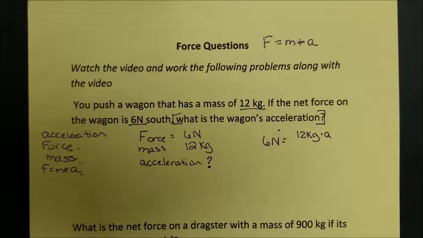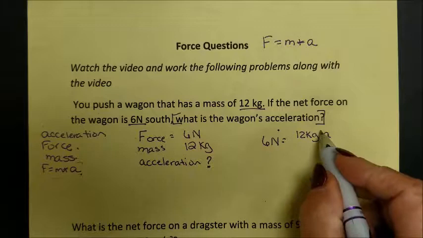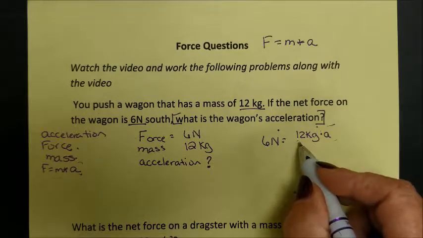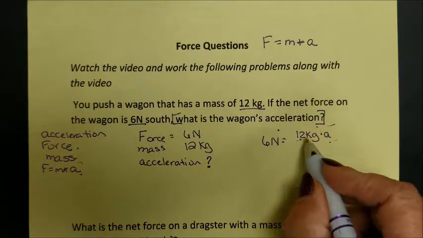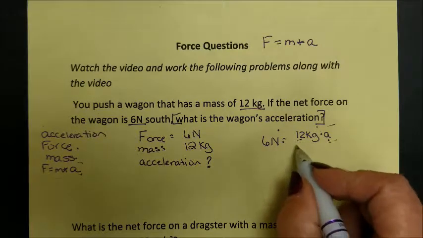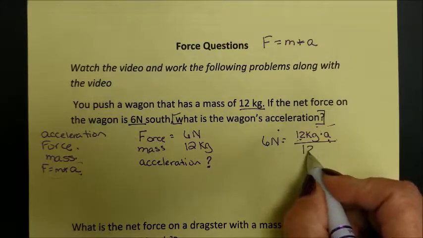So now we need to try and solve for A. At the moment, we need to get A by itself. In order to get A by itself, the 12 is being multiplied times the acceleration. So we need to divide both sides by 12 kilograms.